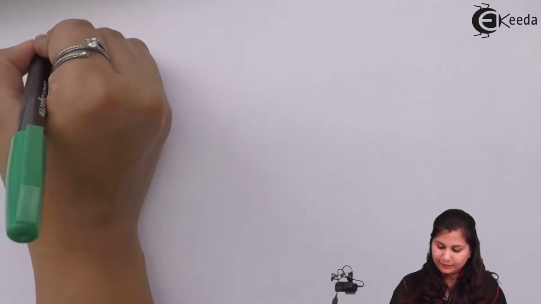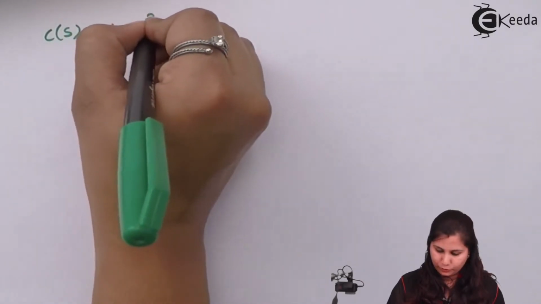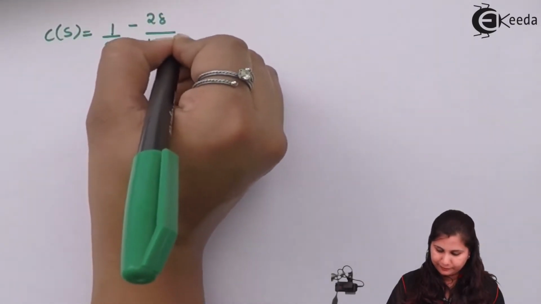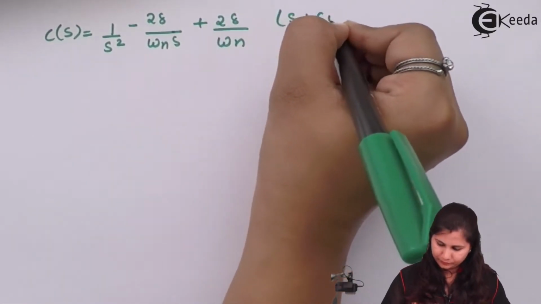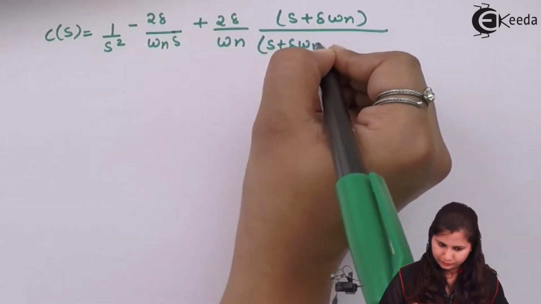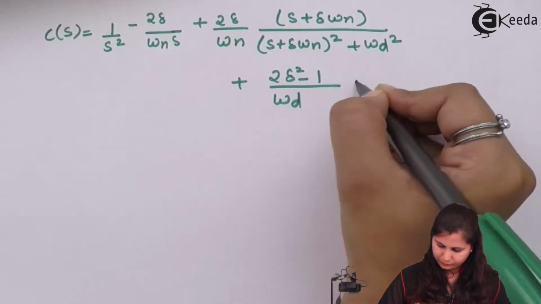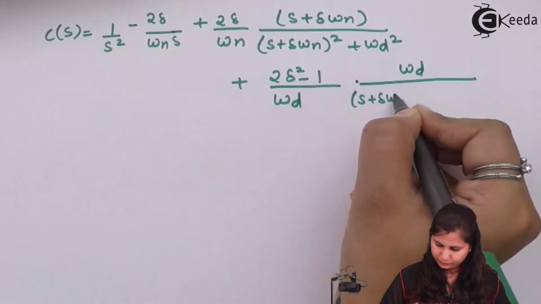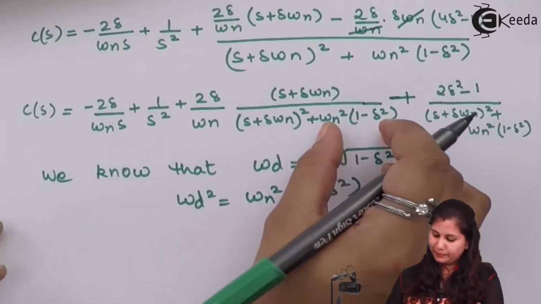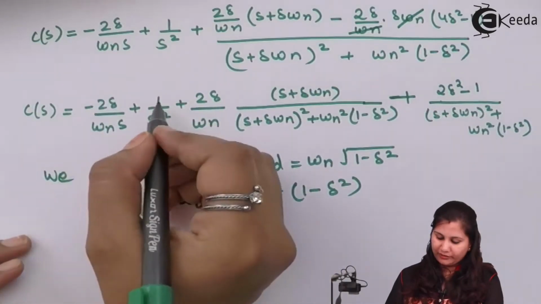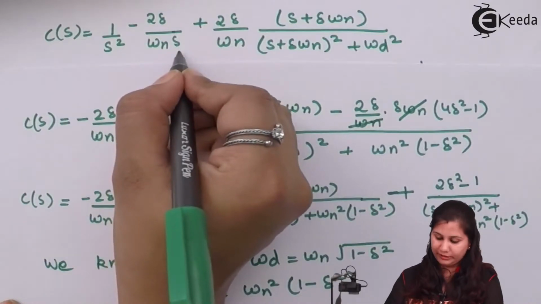So C(s) equal to 1 upon s square minus 2 del upon omega n s. So we have replaced this by omega d square. We have written it here.